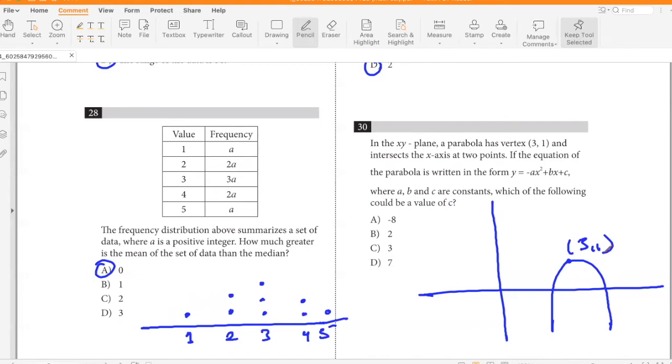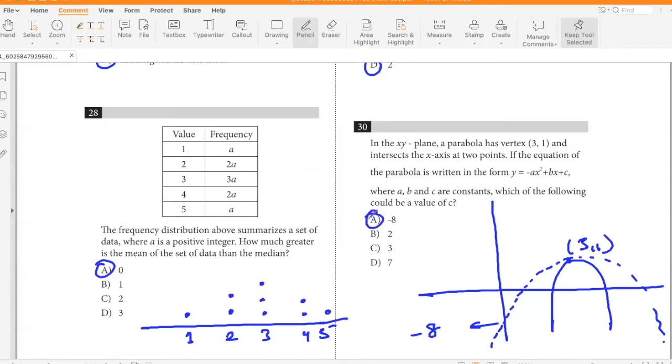So c would be the y-intercept. So the y-intercept can be -8 for sure, right? For example, the parabola could look like this, right? And this point can be -8. So yes, it could be this.